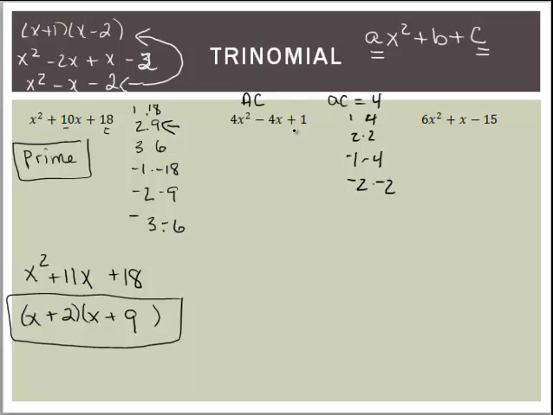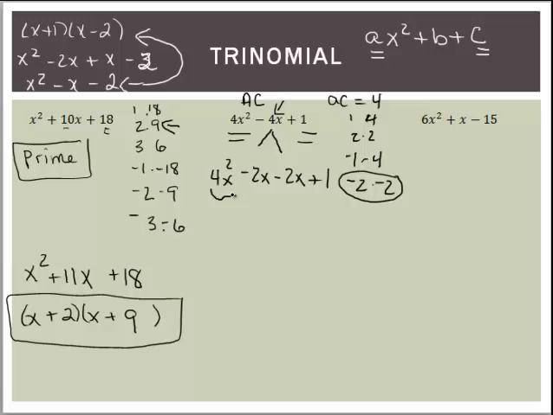Which of these will add up to give you a negative 4? It would be these two. So what you want to do is split this middle term into those two terms, a negative 2x and a negative 2x. Bring down everything you didn't use. So 4x squared and positive 1.